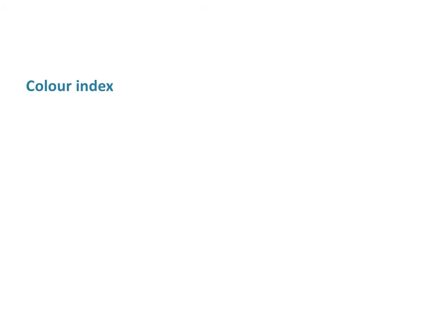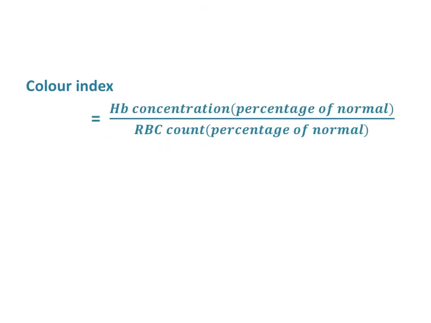Color index. The color index is the relation between hemoglobin concentration in percentage of normal and RBC count in percentage of normal. So color index can be expressed as the ratio of hemoglobin concentration in percentage of normal and RBC count in percentage of normal.